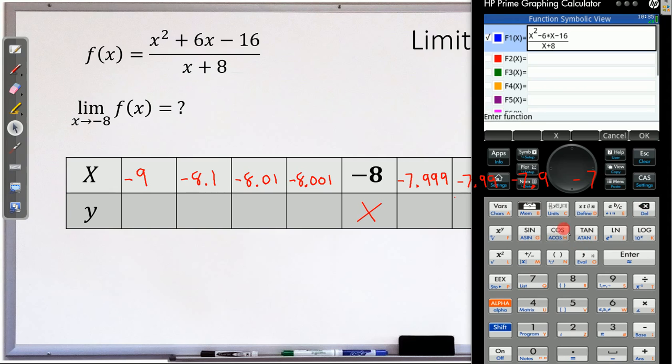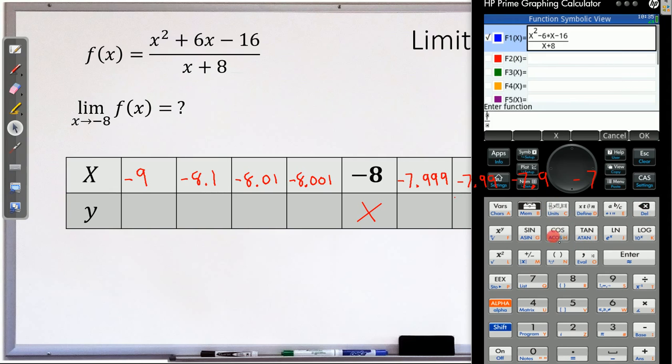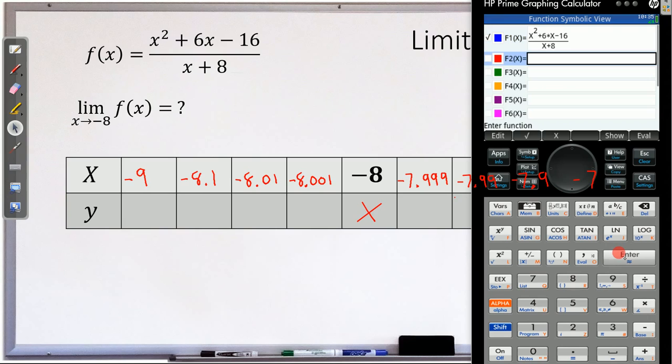Put your fraction bar. On the top we have x squared plus 6x minus 16, and on the bottom, x plus 8. There's our equation.